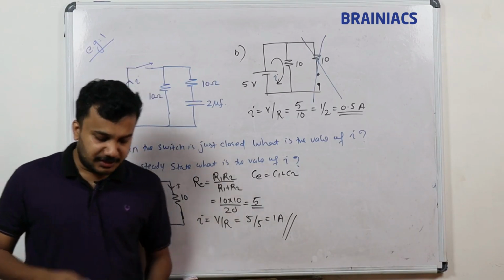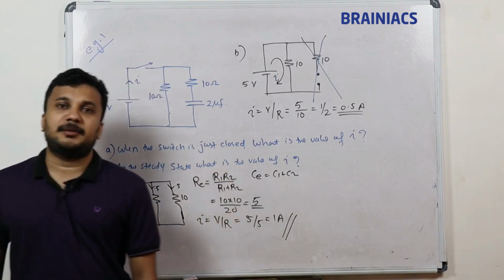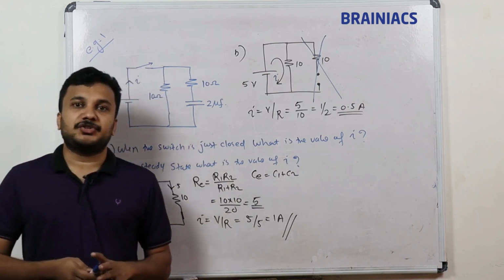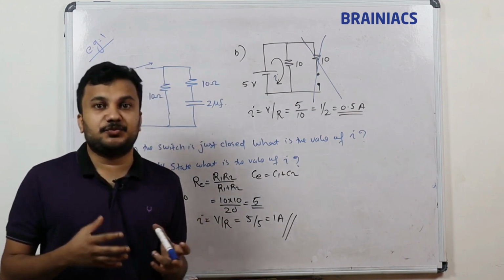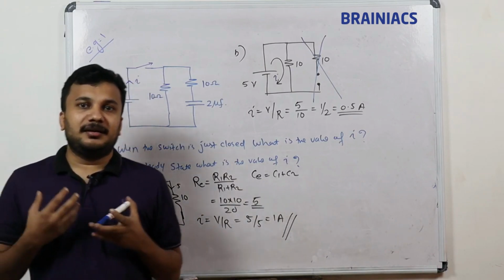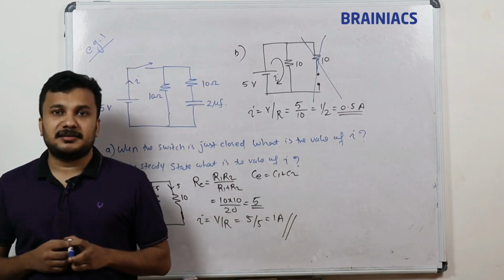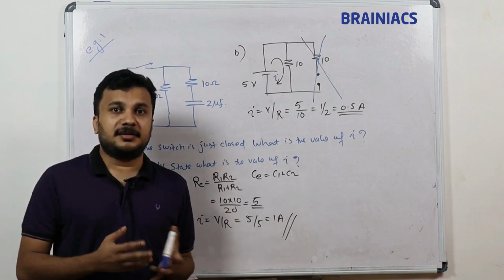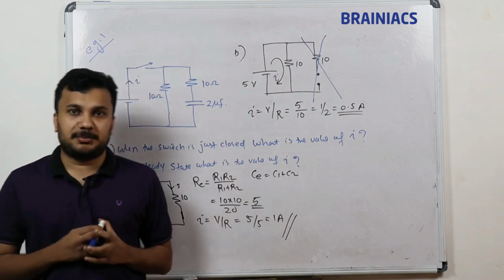This is a very regularly asked model of question for NEET and JEE based on RC circuits. Why is this question so important in the chapter? You are learning about resistance in current electricity, and about capacitance in the electrostatic potential and capacitance chapter.